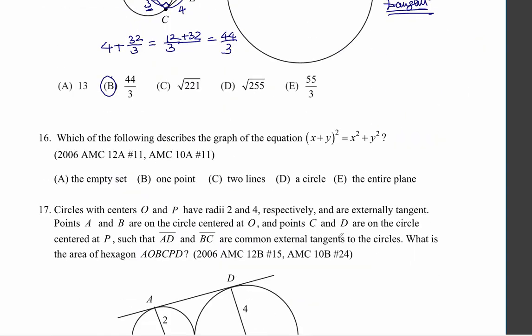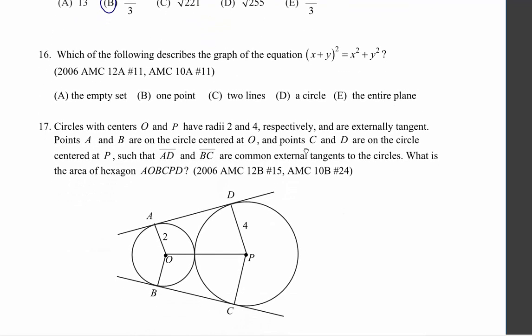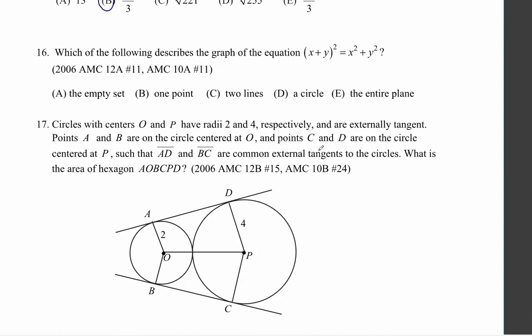Alright, number 16. So which of the following describes the graph of this one? What is this graph? It looks complicated. Can you figure out what it is? We can't. It's complicated because there are many like terms there.